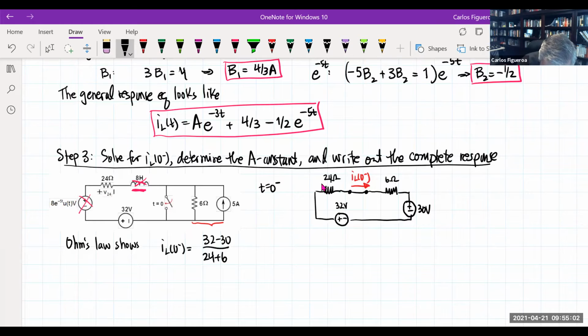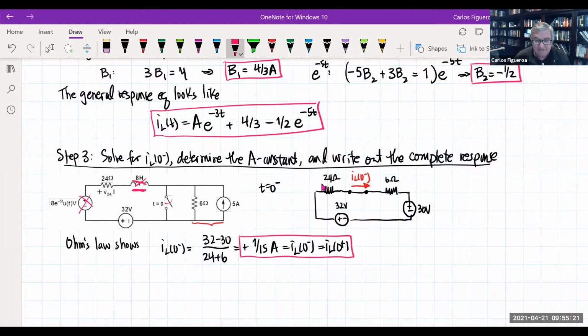So I get 2 over 30, which then gives me a 15th of an amp. But of course, we know that this is at 0 plus also. And we're only interested at 0 plus because that's the circuit that we solved. So now I have my initial condition.